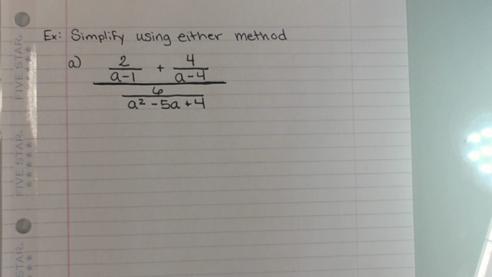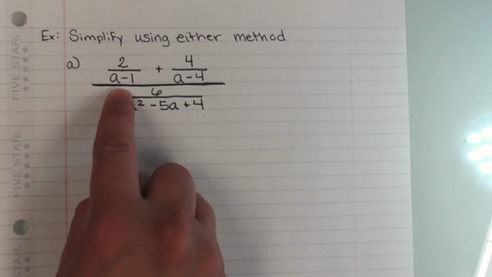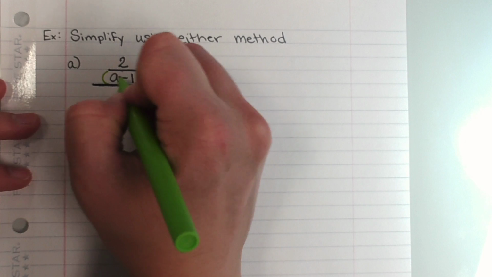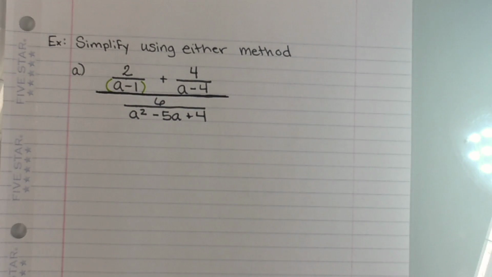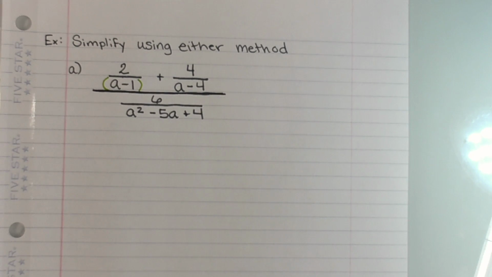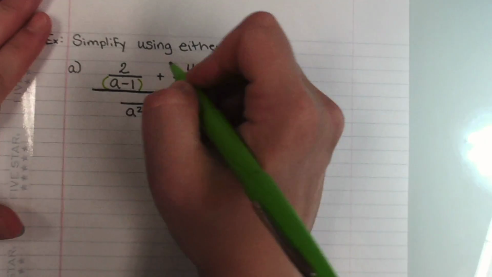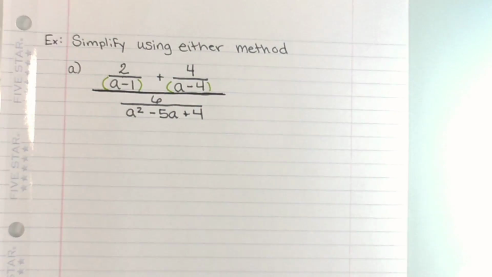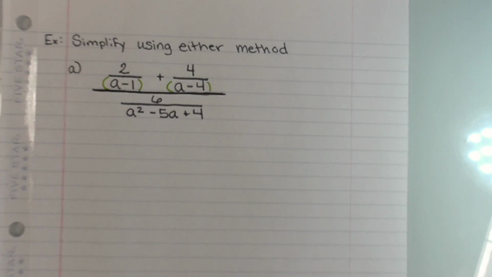I notice my denominators include addition and subtraction, which means I need to do some factoring in order to make this happen. Can I factor a minus 1? No, but I remember it's in parentheses and I move on. Can I factor a minus 4? No, but I remember it's in parentheses and I move on. Can I factor a squared minus 5a plus 4? Yeah.